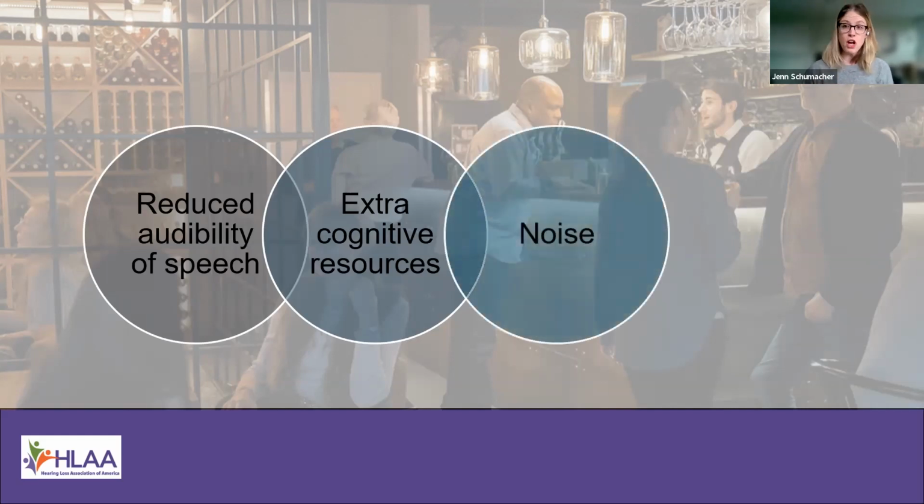Now, the noise itself is also a problem. Typically, in most environments, when you've got a lot of surrounding noise, it tends to be pretty loud. It tends to be lower in frequency. And what happens is a lot of those lower frequency sounds mask more of the high frequency sounds. And unfortunately, high frequency sounds are, first of all, the ones that you're typically missing more of when you have a hearing loss.